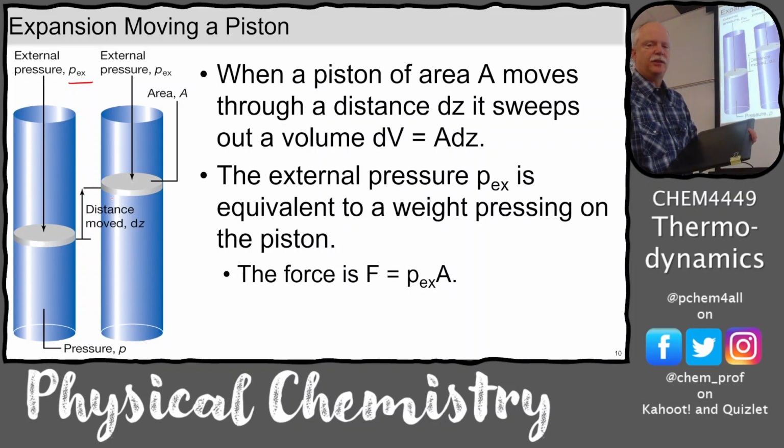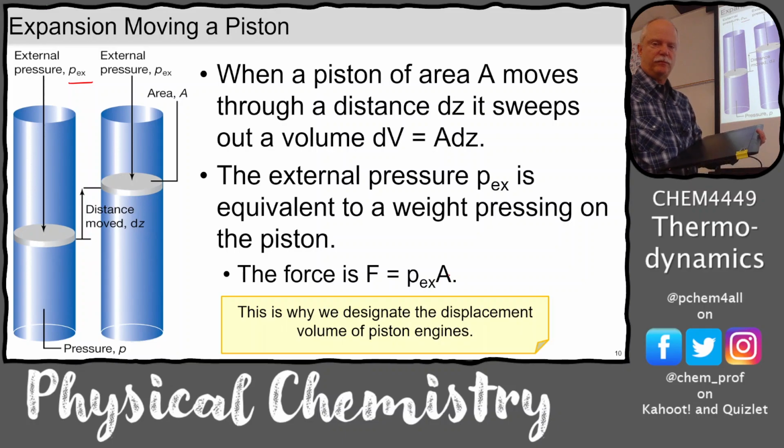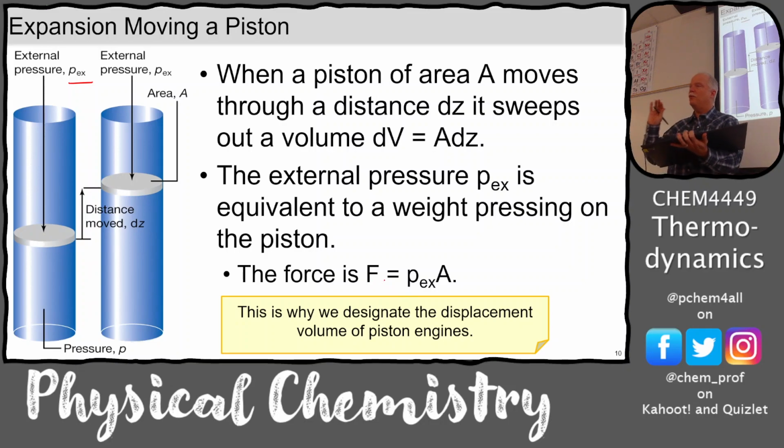And that external pressure is equivalent to a weight pressing on that piston. The force is the external pressure times the area of that piston. And so this is why we designate the displacement volume of piston engines. So again, it's related to that amount of force that we can have.